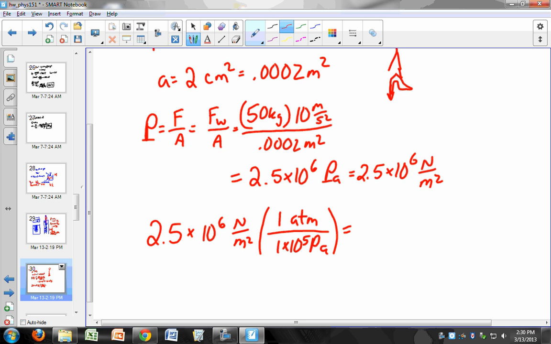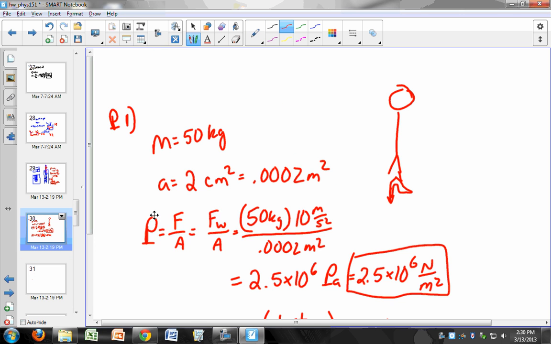And so this is going to be 25 atmospheres. That's a whole lot of pressure, and we feel this at 25 atmospheres. So 25 times the pressure at sea level, 25 atmospheres.